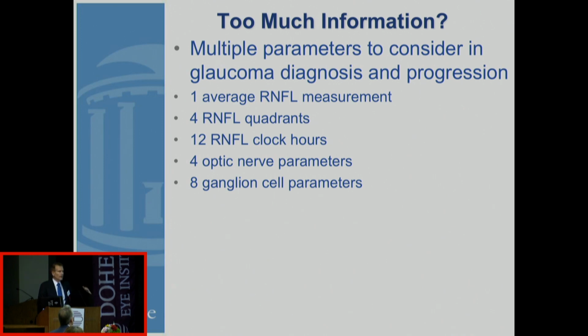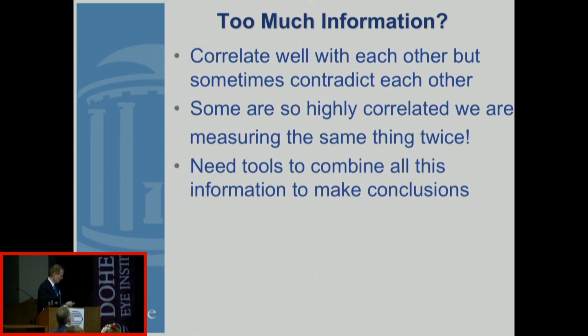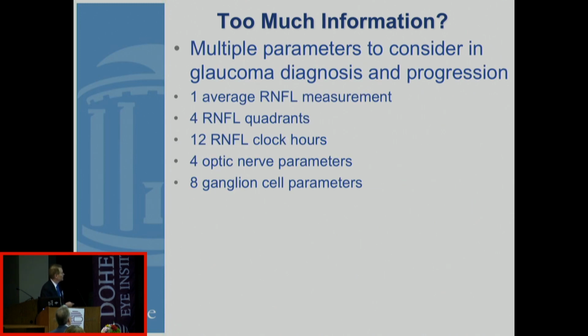And I've shown you a couple dozen parameters that you can focus on, and most of them have excellent discriminating ability between glaucomas and normals. So as the technology developed and we added optic disc parameters to retinal nerve fiber layer parameters and then added ganglion cell parameters, it became almost overwhelming to know what to look at, which is why I think Alex wanted me to talk about OCT wear, because, if you add all these up, certainly average RNFL thickness is still one of the most important discriminating factors, and also the thing to look for in progression, as Ted said, because it's extremely reproducible.